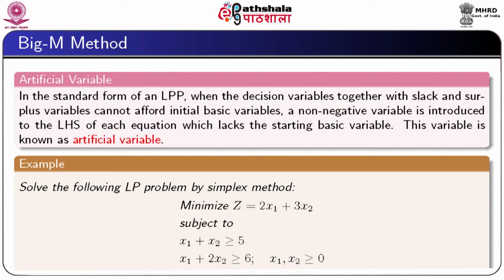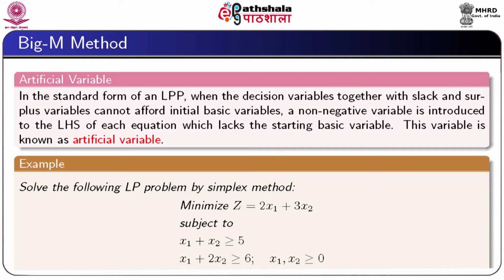Let me define again what an artificial variable is. In the standard form of an LPP, when the decision variables together with slack and surplus variables cannot afford initial basic variables, a non-negative variable is introduced on the left hand side of each equation which lacks the starting basic variable.